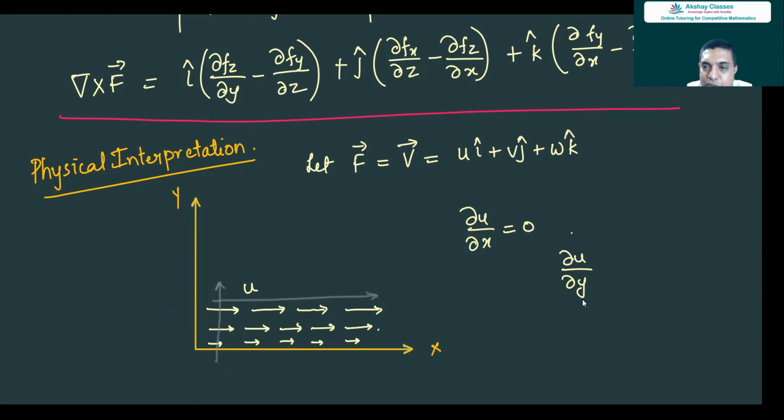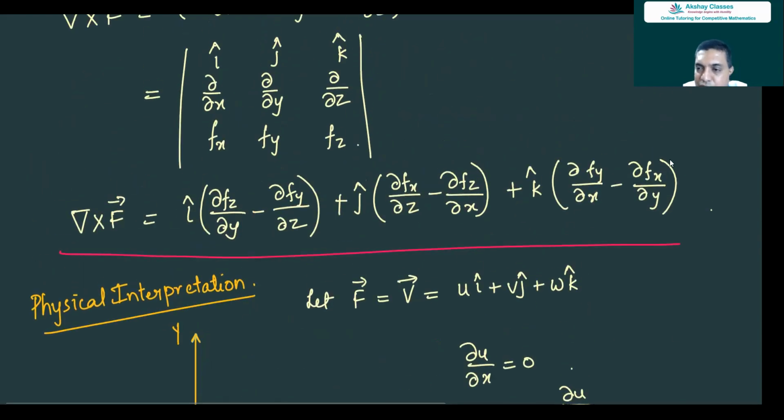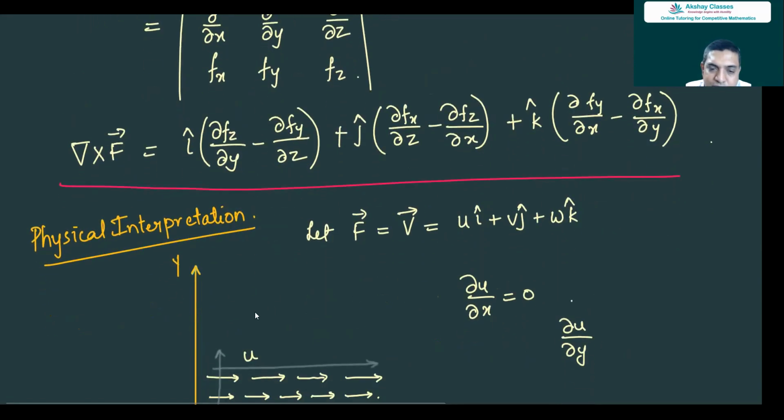So I get dou u by dou y as constant. So F x is u, F y is v. You can omit this, let's say this is 0. For this particular vector field that I have drawn here, the field is simply u times i.